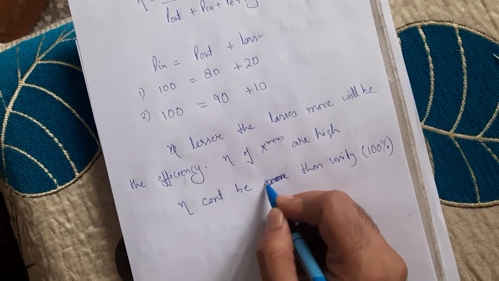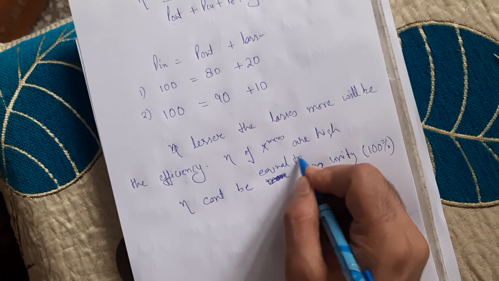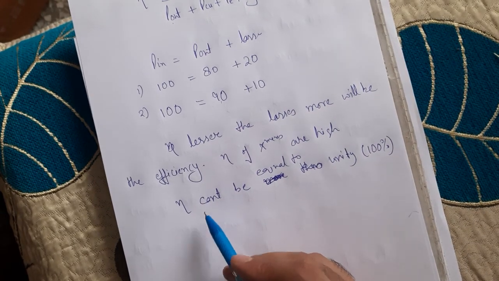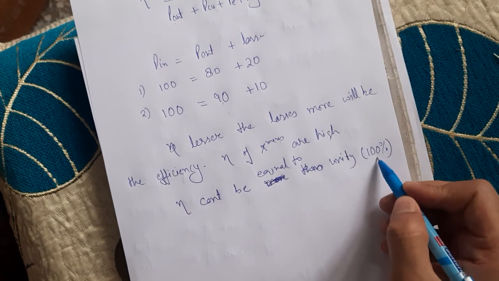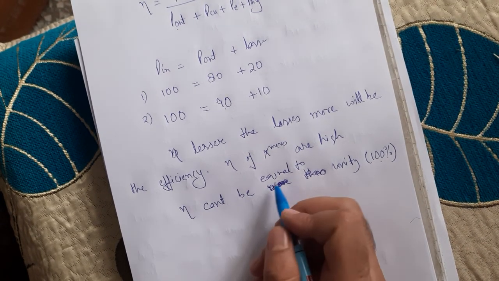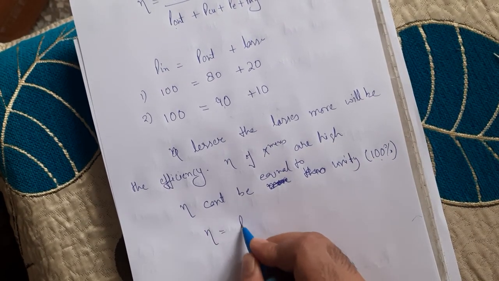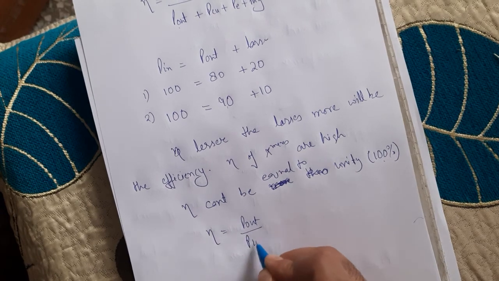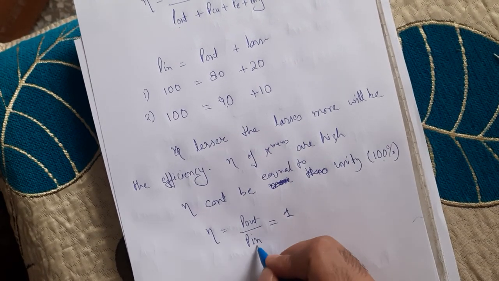It cannot be equal to unity either. I'm saying efficiency cannot be 100%. The purpose of this is that if efficiency is equal to unity, meaning eta is equal to output by input, then output and input are both equal.